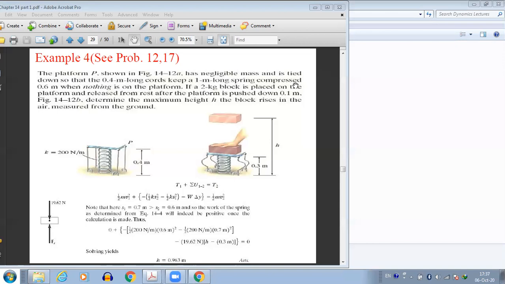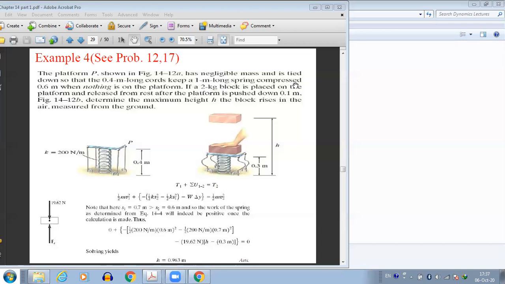What I do is that I make a decision myself initially whether it's going to be positive or negative. Once I have already made the decision whether the work will be positive or negative, now when I say S2 and S1, I just put bigger value minus a smaller value, so that I get a positive answer there, because I have already made the decision whether the work done by the spring will be positive or negative.